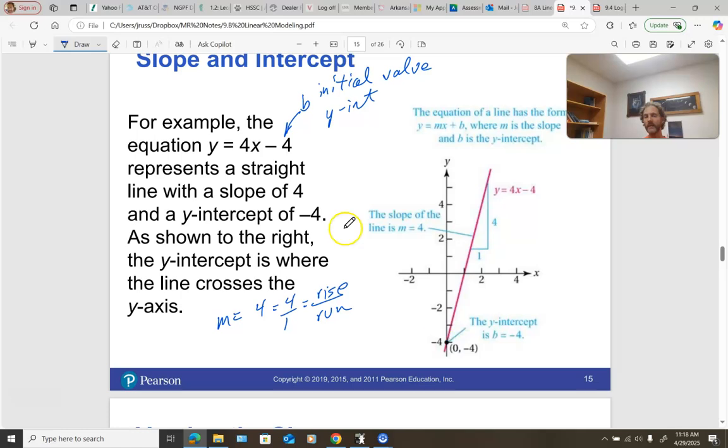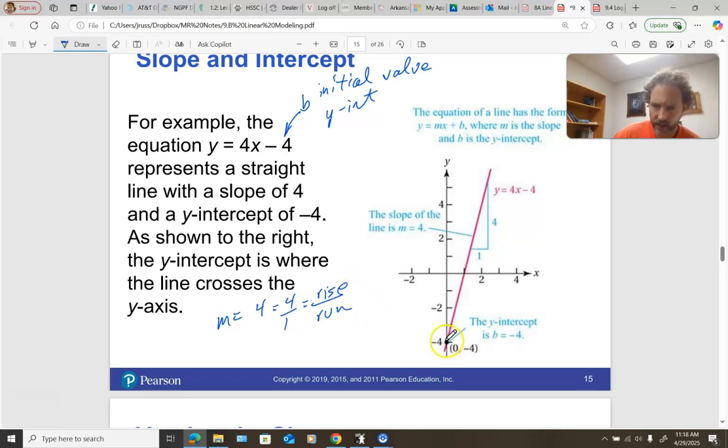And then the way you graph this equation, or graph a line that represents this linear relationship between x and y, you need another point. You need 2 points for a line. Okay? And so once you've got your y-intercept, the way you get that second point is you let the slope direct you. The slope is kind of like the directions on where to go, how to rise and run. Okay?